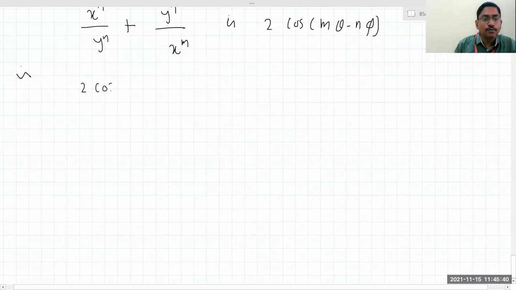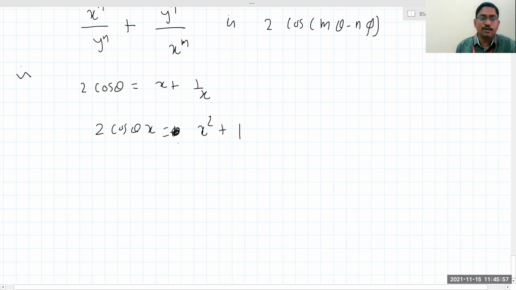It is 2 cos theta equal to x plus 1 upon x. Just multiply x on both sides. So it is 2 cos theta x equals x square plus 1. So what equation do I get? x square minus 2 cos theta x plus 1 equal to 0.